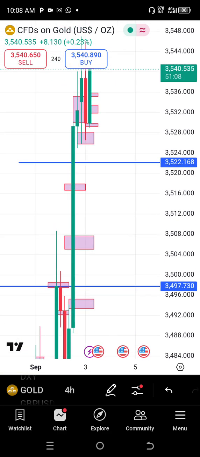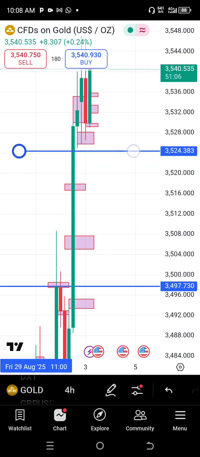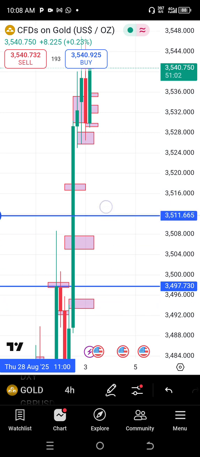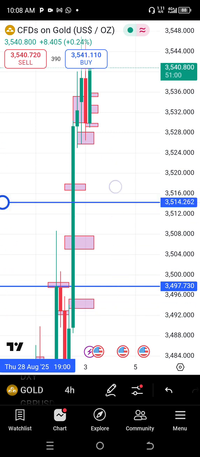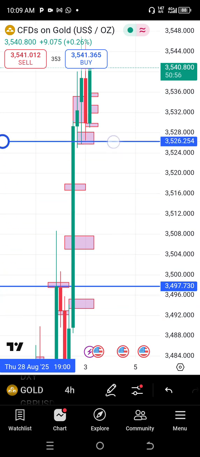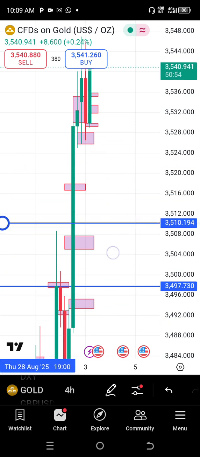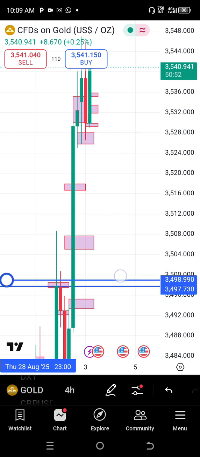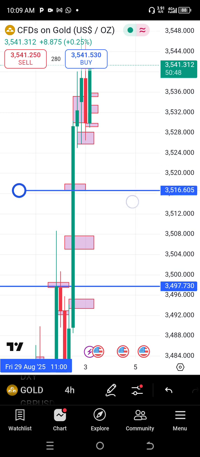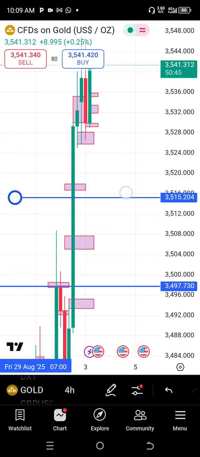But there is something in between. From here, this area, down to this place, there is a very large fair value gap. So it is very possible that there is going to be a rejection from this area, and then the market is going to continue its bullish trend. So those are the possibilities that can happen on the 4 hours time frame.